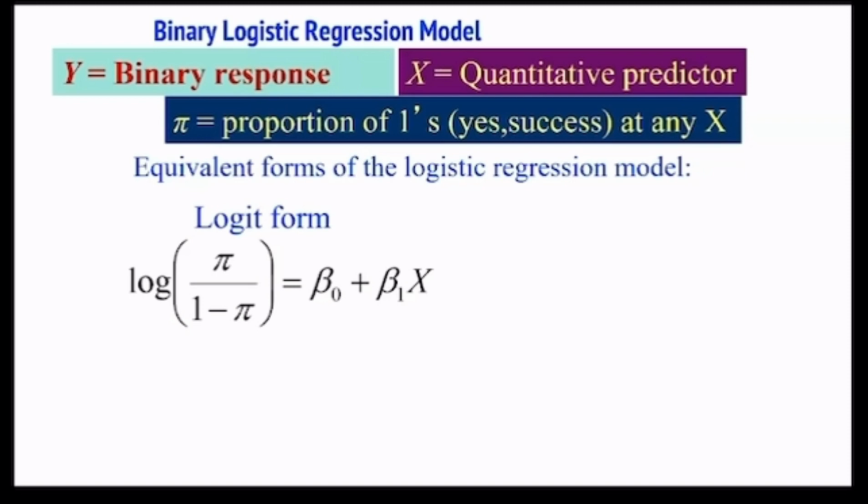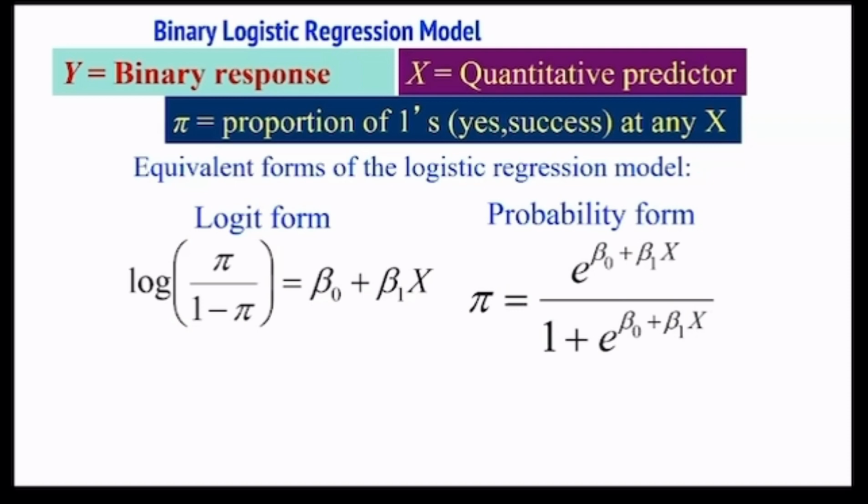The logarithm of the odds ratio will be linearly related to the predictor X. Does that make sense? So this is the logit form of a logistic regression model. We also have a probability form, which is what you see on the other side.